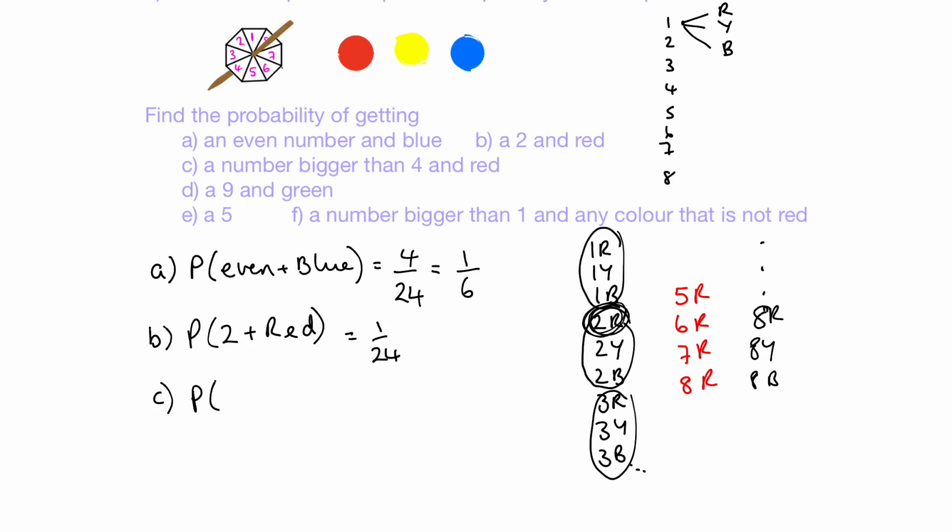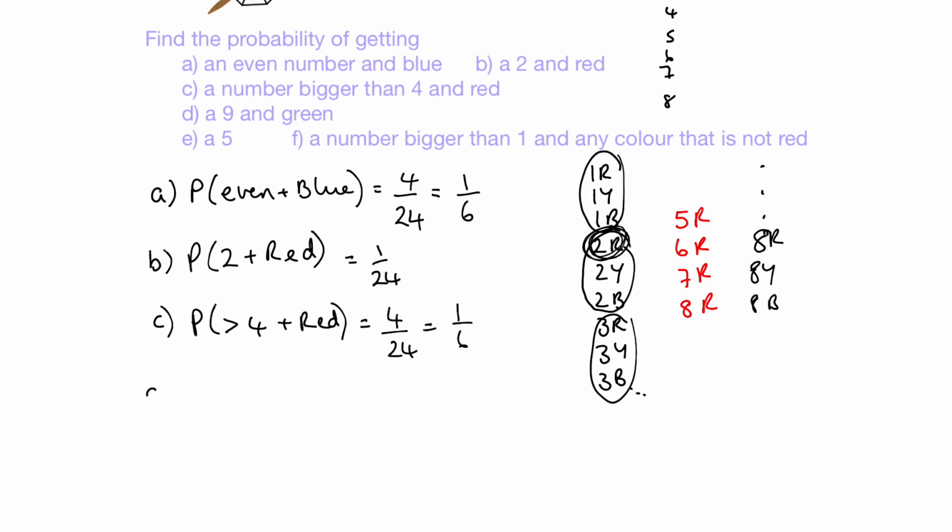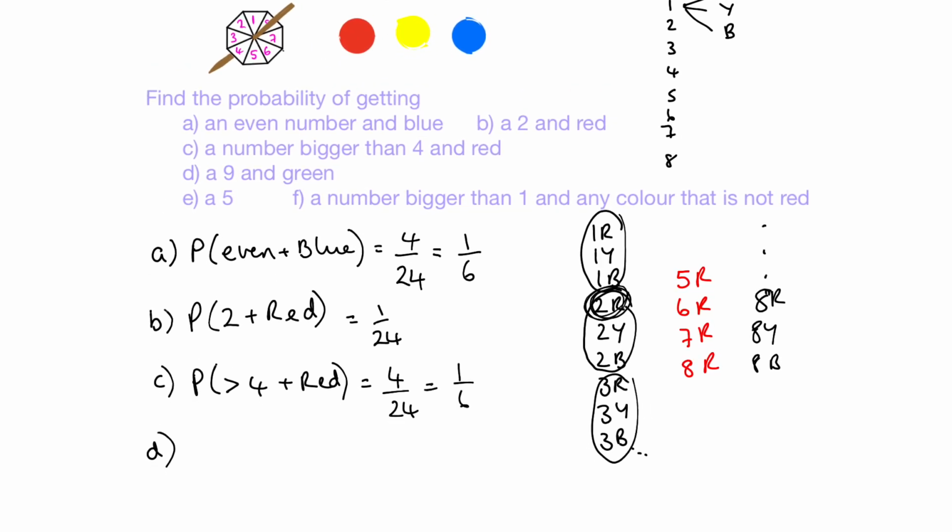So probability of bigger than 4 and red is 4 out of 24, like part A, is 1/6. Okay. Part D, probability of getting a 9 and green. Well, there's no 9 and there's no green.